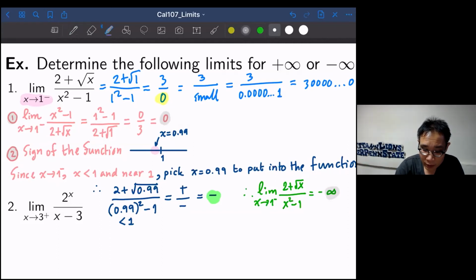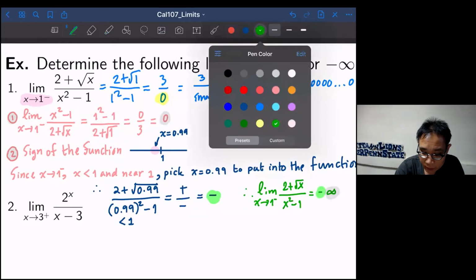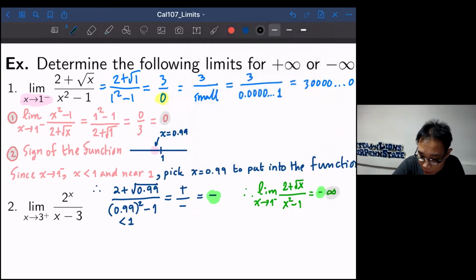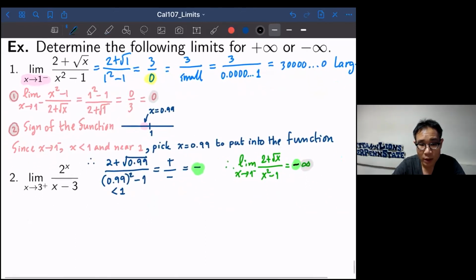The second step will give you the sign. So the negative sign here comes from the second step. The first step gives you the symbol infinity, and the second step gives you the sign. So this is how we determine the infinite limit.